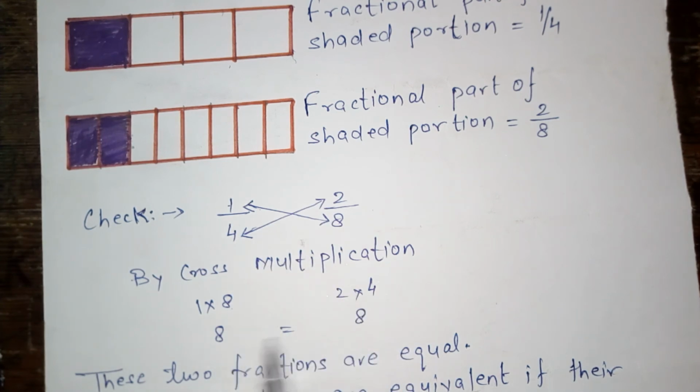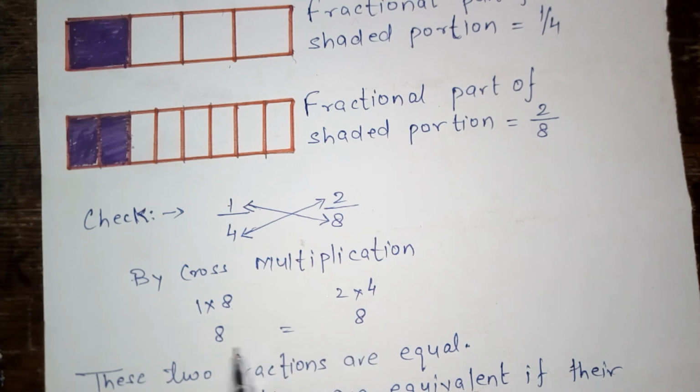Now, this is the first part, or LHS, where LHS means left hand side, and this is RHS, where RHS means right hand side. After calculation, you can see these two sides are equal: on the first side 8, on the second side 8.